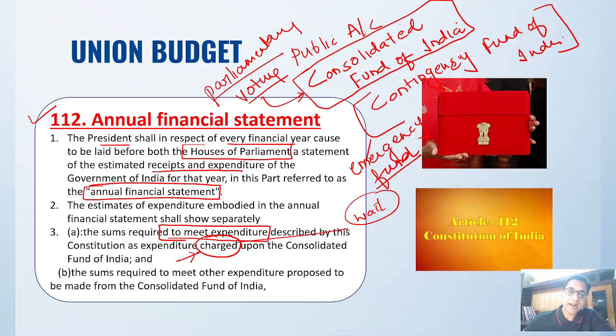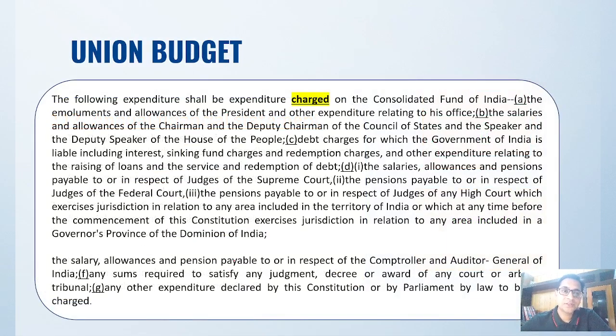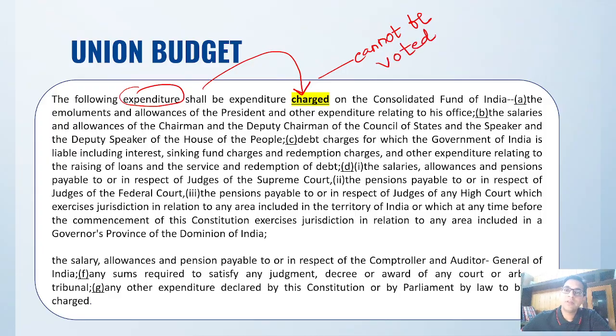Okay, but there are certain things that cannot be voted upon. They are called charged. Charged means there are certain expenditures which are directly charged on the Consolidated Fund of India. Charged means they cannot be voted upon, and whatever money comes under charged has to be released.